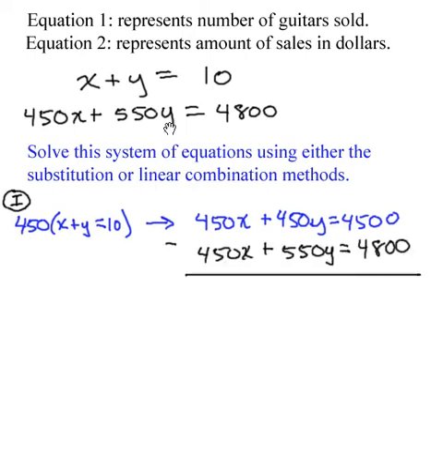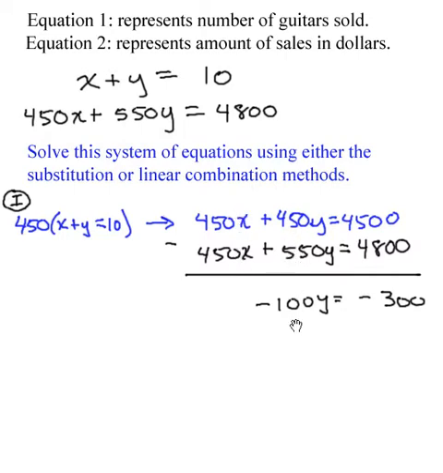We're going to keep that second equation as is, 450x plus 550y equals 4,800. We're going to subtract the two equations. And when we do that, 450x minus 450x is eliminated, which is why we call this sometimes the elimination method. We're eliminating one of the variables.